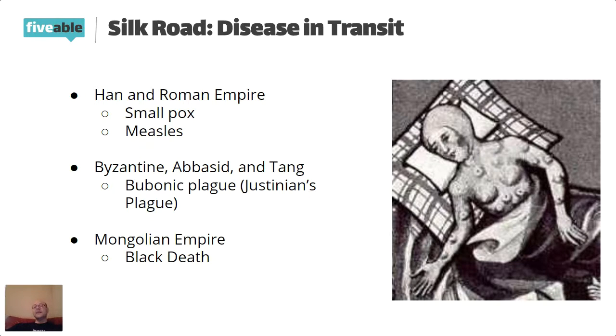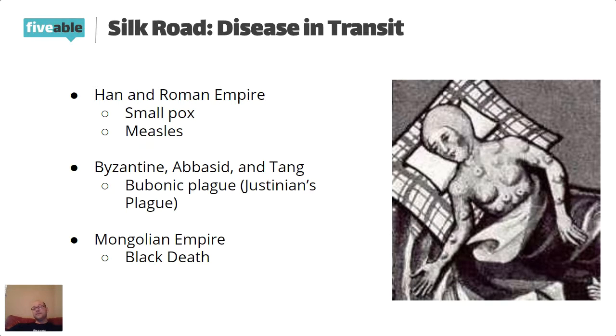During the Han and the Roman Empire, we're going to see outbreaks of smallpox and measles in both those regions due to the amount of trading going on. And then in the second phase, during the Byzantine, Abbasid, and Tang, we're going to see the bubonic plague, which is also known as Justinian's plague.